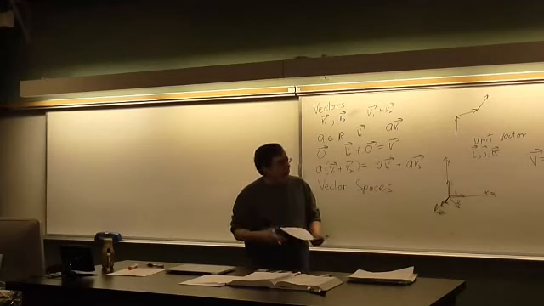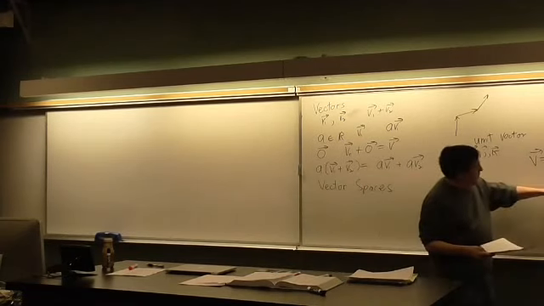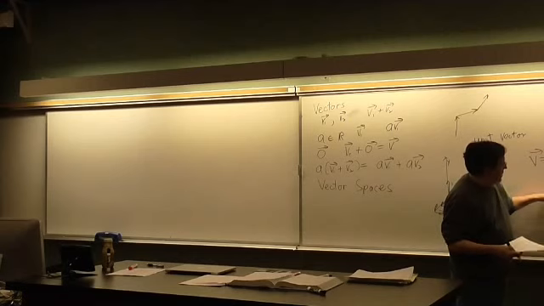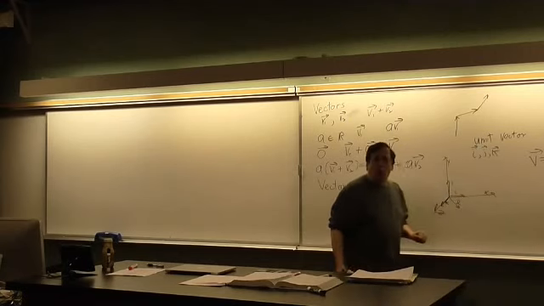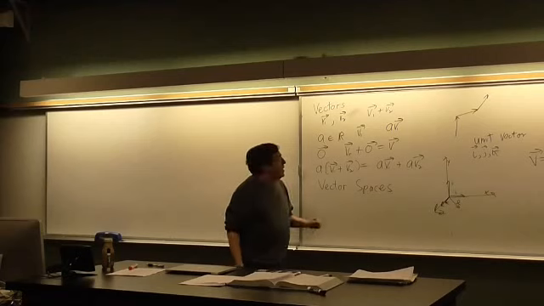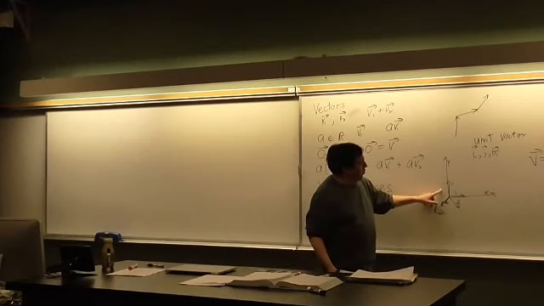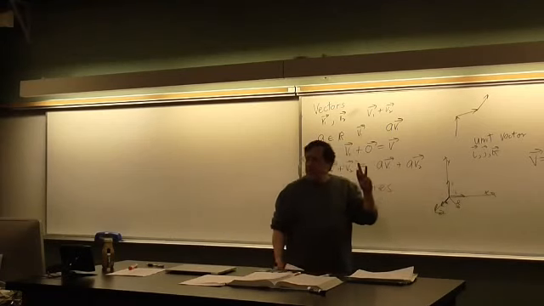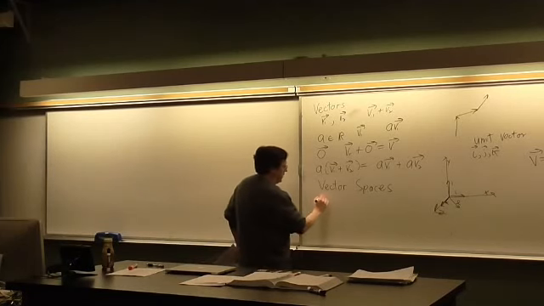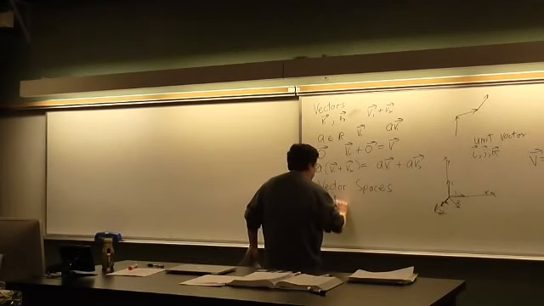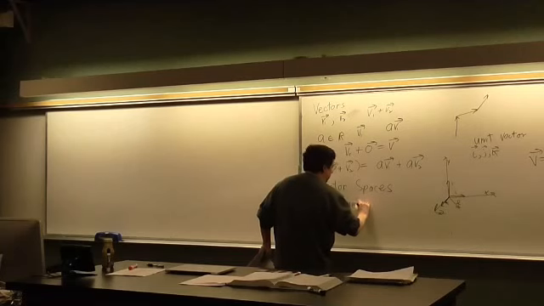Now, it turns out that the number of vectors in a basis for a particular vector space is always the same. In this particular one we're used to, we have 3 vectors, and we give that number, 3 in this case, a name. We call it the dimension of the vector space.